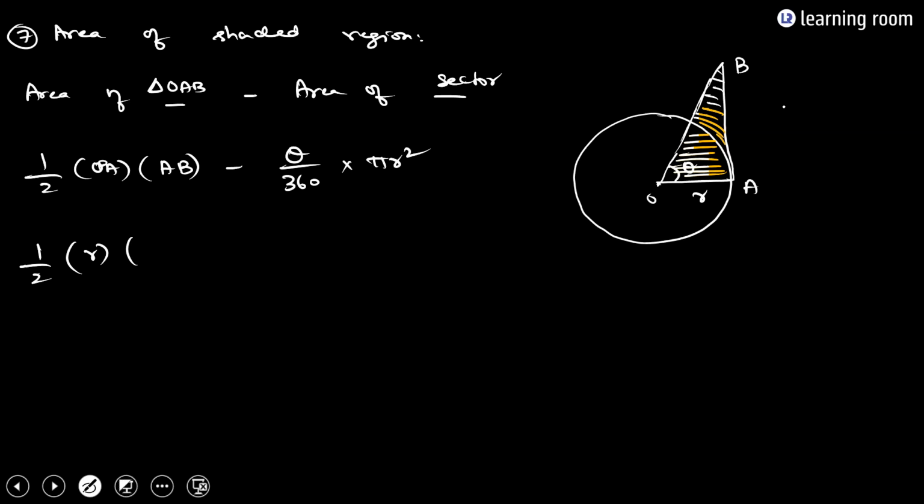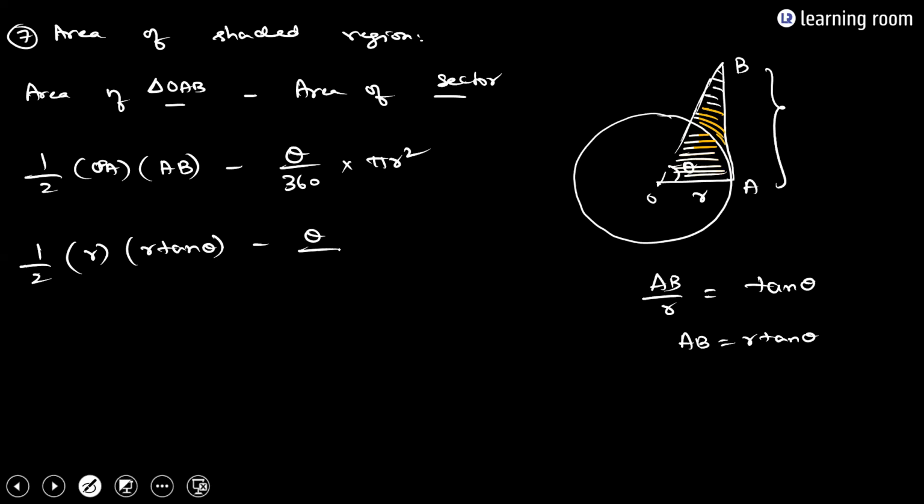What is AB? If you observe, AB divided by R is equal to tan theta. So AB will be equal to R tan theta. Substitute it here: R tan theta minus theta by 360 into pi r square.